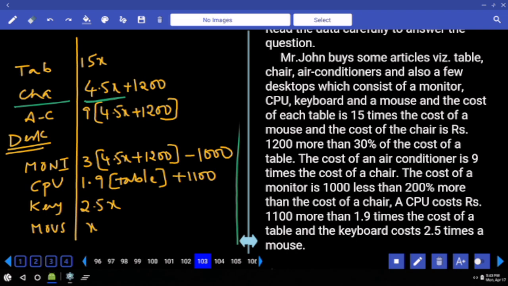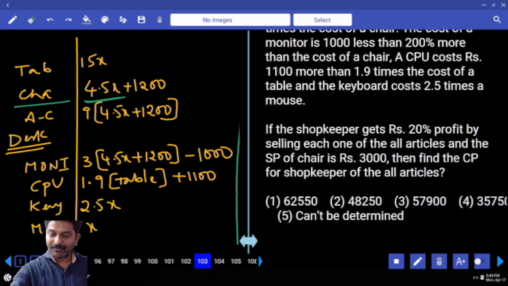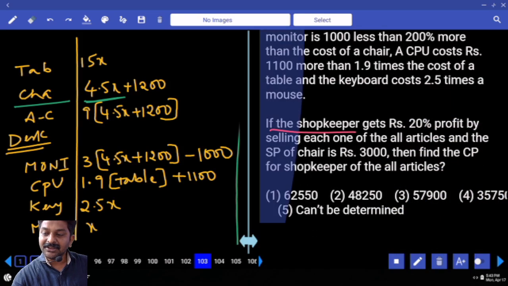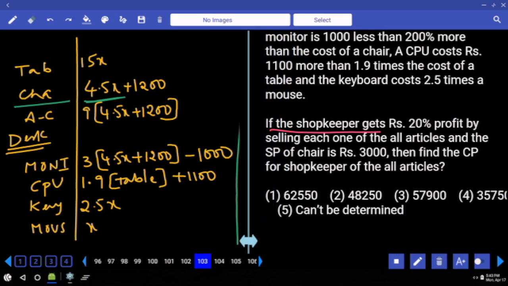So the information is about John. But the question is different. Look at this: the shopkeeper gets 20% profit by selling each one of the articles and the selling price of the chair is given. That means it is given with respect to my price.